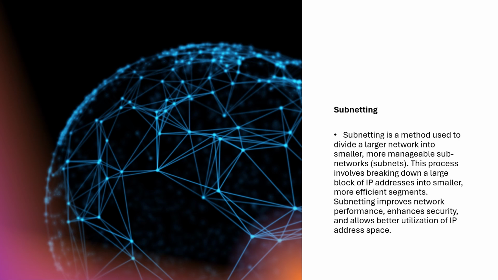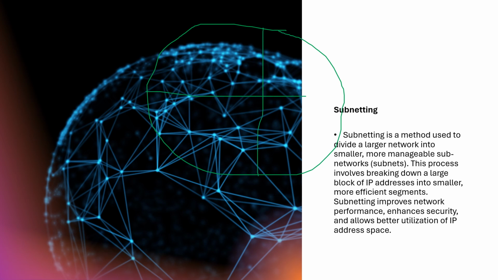The local area network is divided into four different virtual networks, that is VLAN 1, VLAN 2, VLAN 3, VLAN 4.